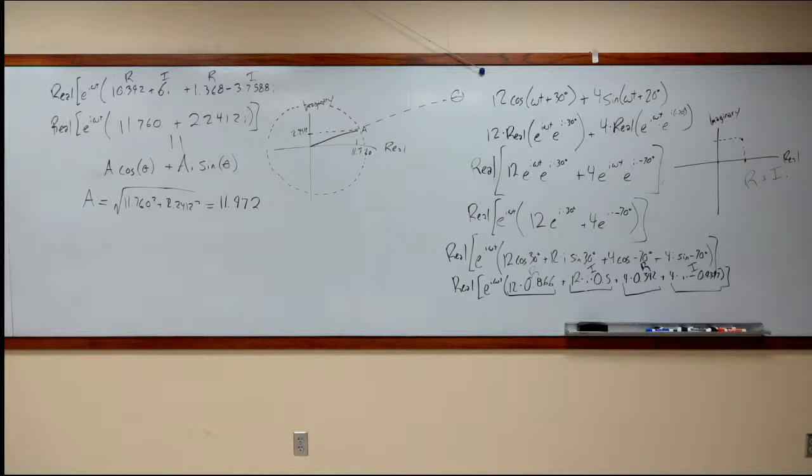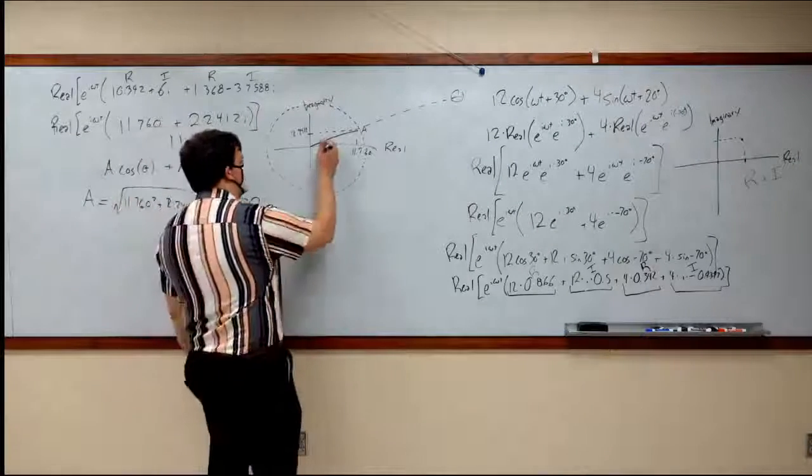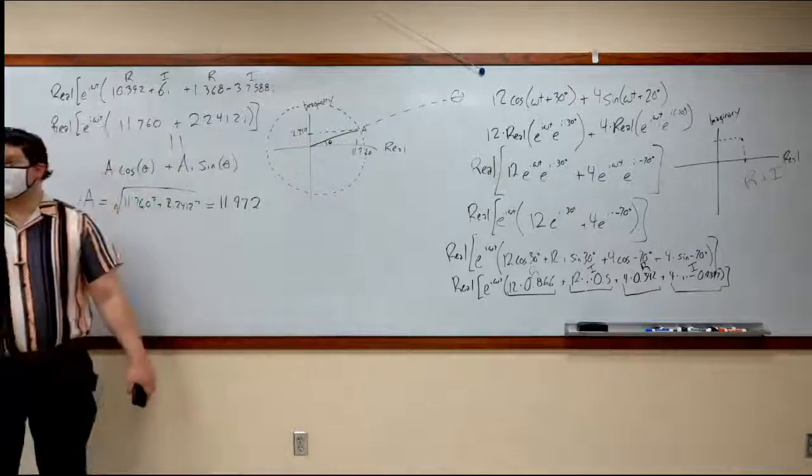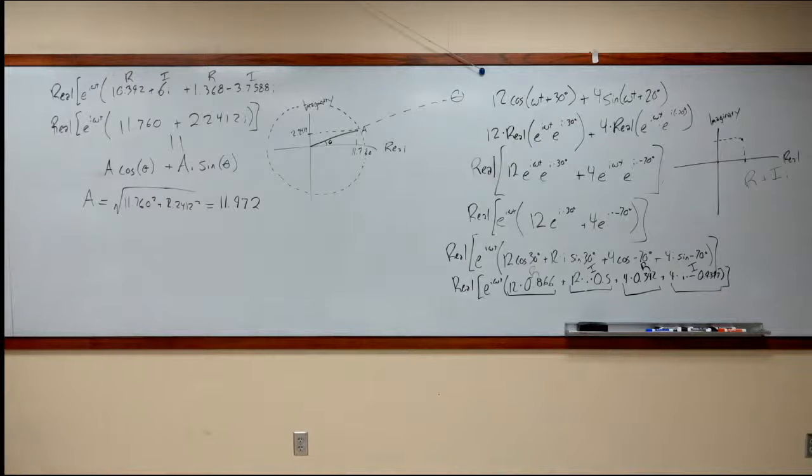And your polar coordinates are the length of that line and then the angle that the line is at. How do we find theta? Anybody remember your trig identities?